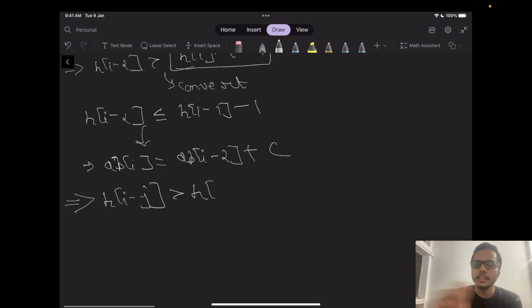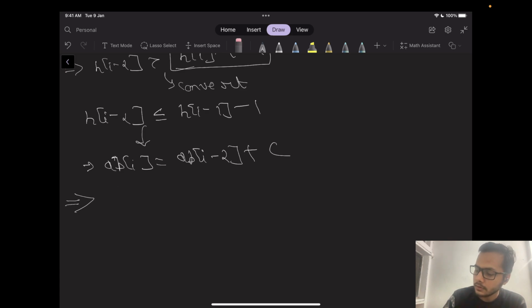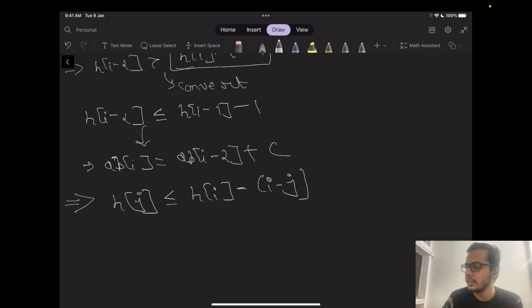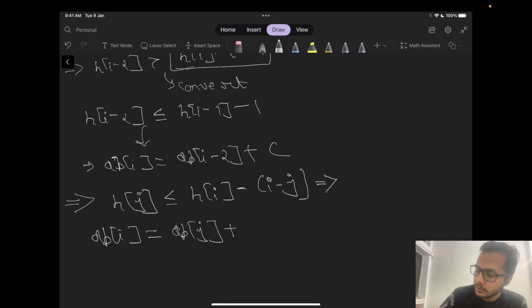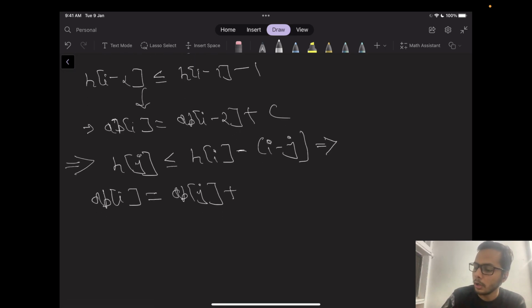Okay. So in general, what happens is that if we find out a j such that h of j is less than or equal to h of i minus i minus j, if this happens, then we can say that dp of i is equal to dp of j plus the cost of converting all the elements from i plus 1 to j minus 1.